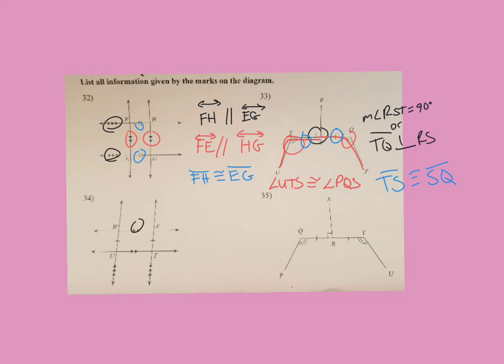34, very similar. I see parallel lines. That's what that symbol means. So I'm going to say line UV is parallel to line WF. Now I'm going to say the same thing about FT and WU. So I'm going to say line WU is parallel to line FT.